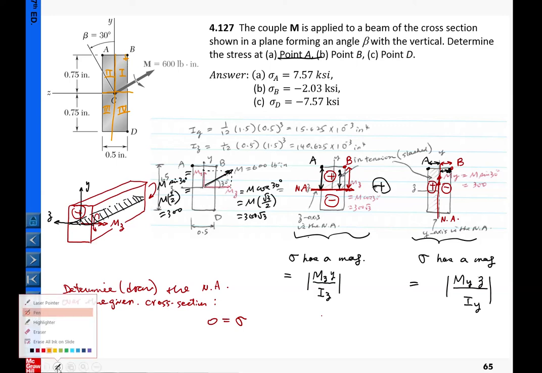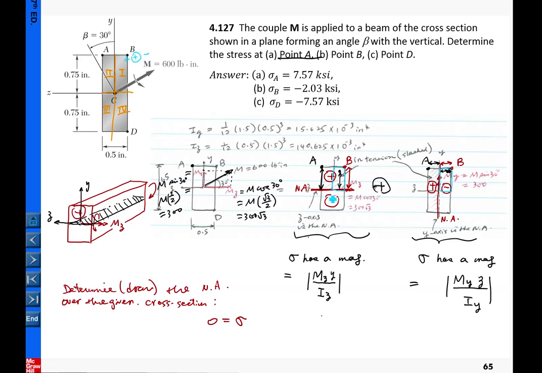In the first quadrant, this region is positive value, this region is negative value. So in the first quadrant, that is the superposition of a positive value and a negative value.